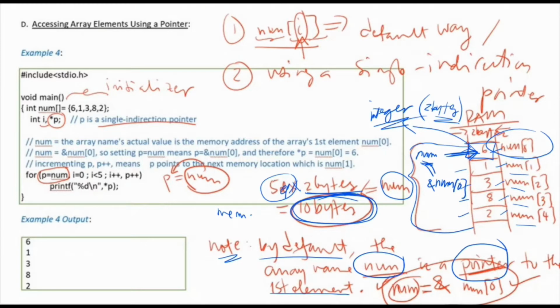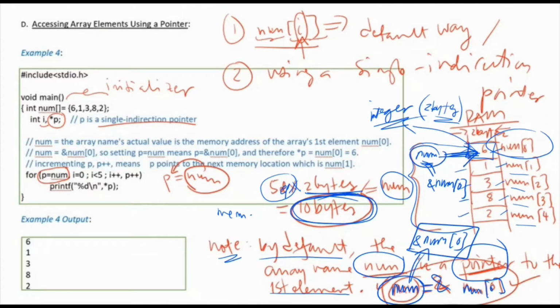That is why we say here num is equal to ampersand num0. Every time you declare an array in your program, the compiler will automatically create a single indirection pointer with the same name as the array, and its value is the memory address of the first element. That's why we have here a pointer pointing to num0.